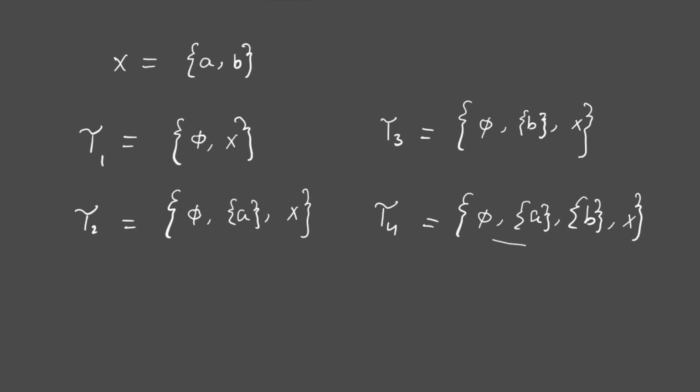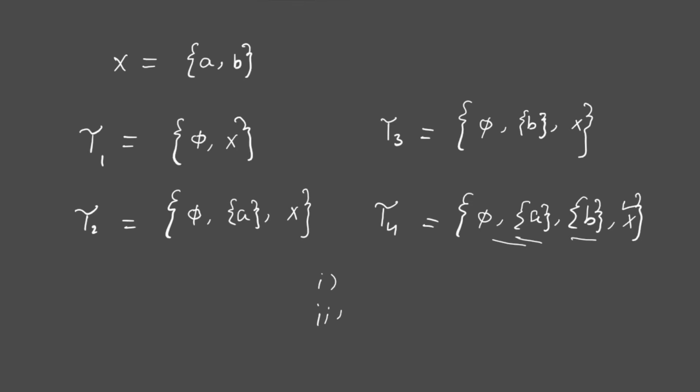The first property is that the union of any members of tau should belong to tau. For example, if I take the union of A and B, our answer is AB, which means X exists in tau. The second property is intersection.